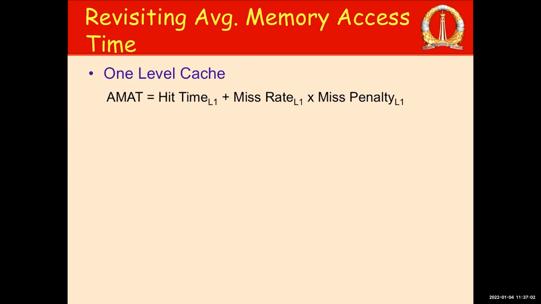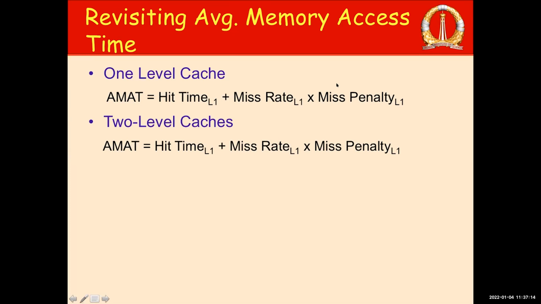Now let's once again revisit the average memory access time. If you have one level of cache, then the average memory access time is exactly like what we saw earlier: hit time plus miss rate times miss penalty. But if you have two levels of caches, what would happen to the average memory access time?